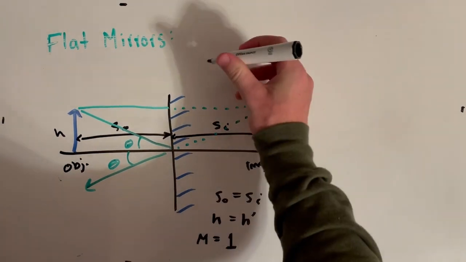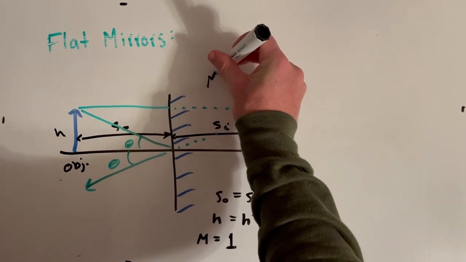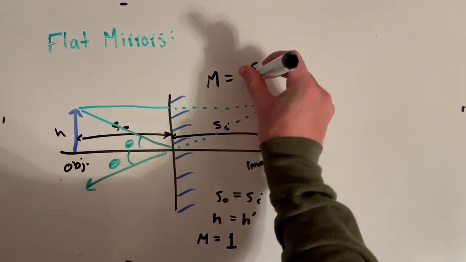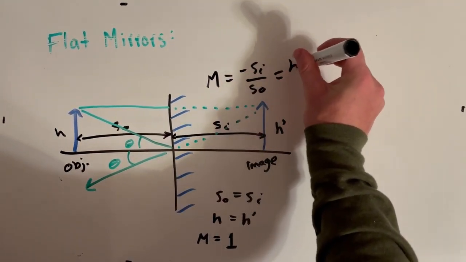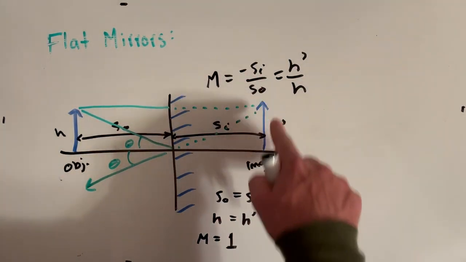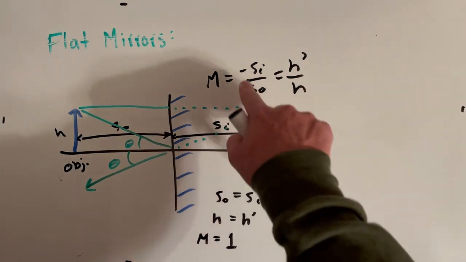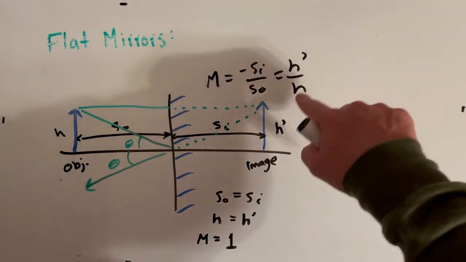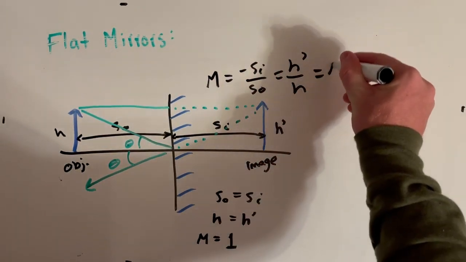So that formula we just talked about, M equals negative SI over SO equals H prime over H. We know SO and SI equal each other, and H prime and H equal each other. This means that the ratio between them is the same. This will equal 1.